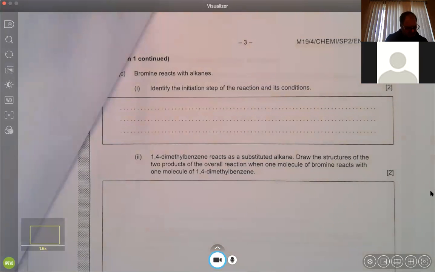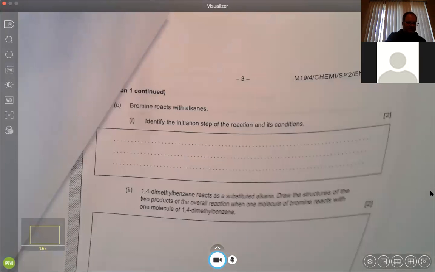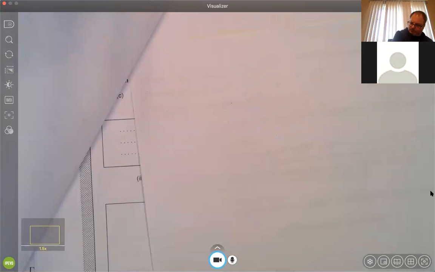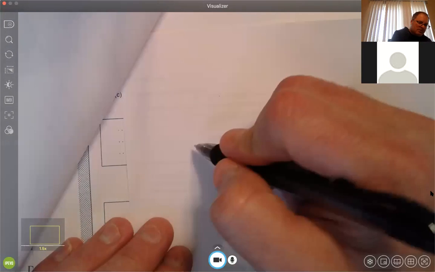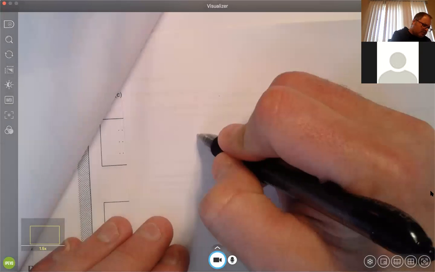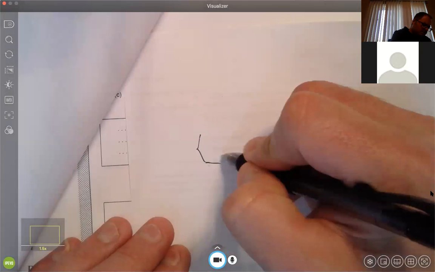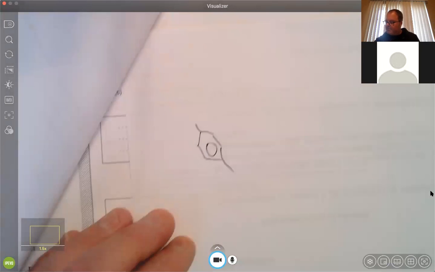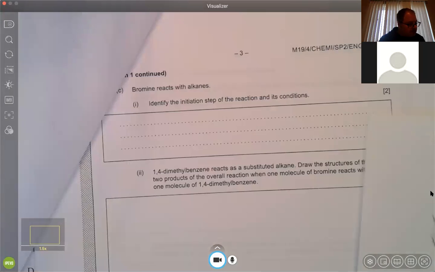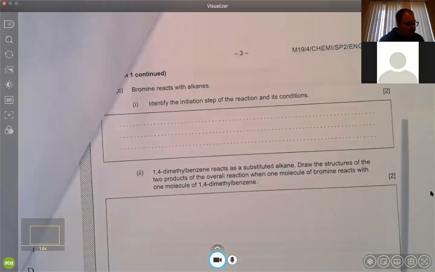Does that make sense? I don't want to write on this. I'll write on the back of here. I get it. I mean, I can draw it real quick. There we go. All the structures of the two products.